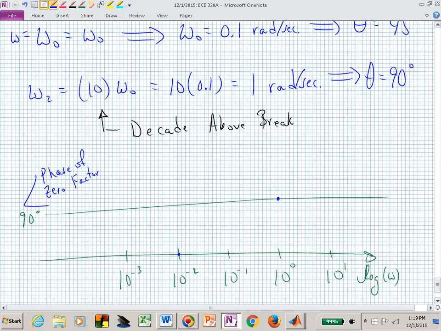But what is at the break frequency? What's the angle or the phase? It's halfway between those other two. It's at 45. So what we're doing is connecting this straight line.